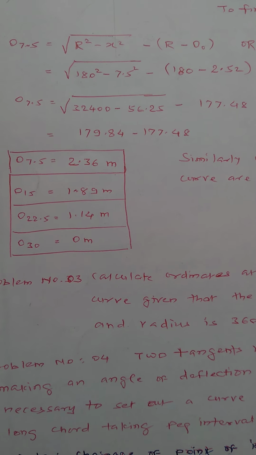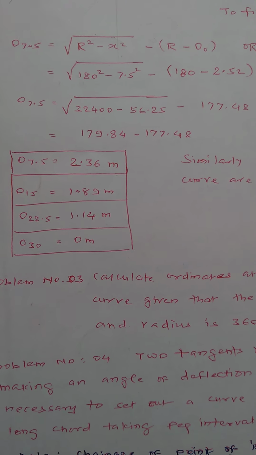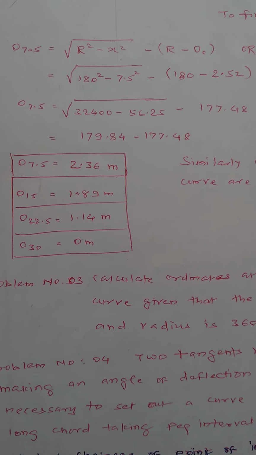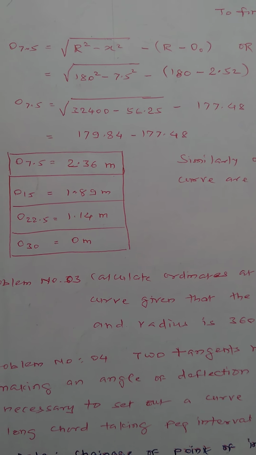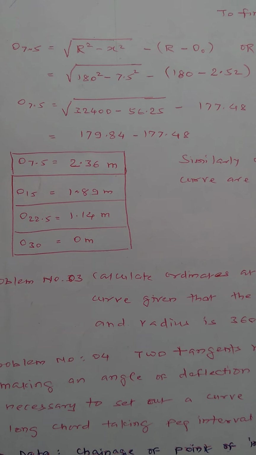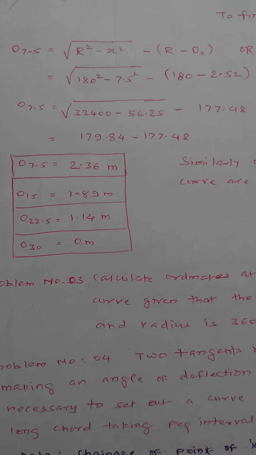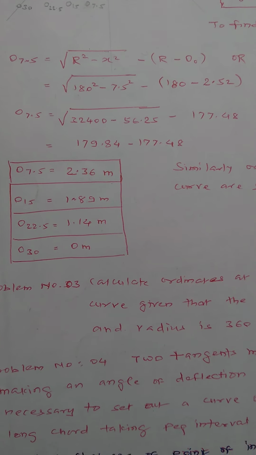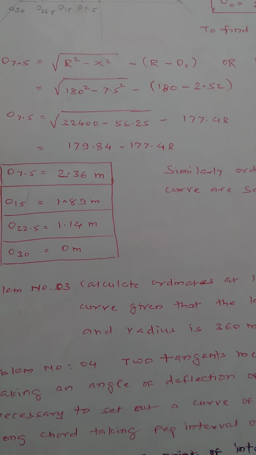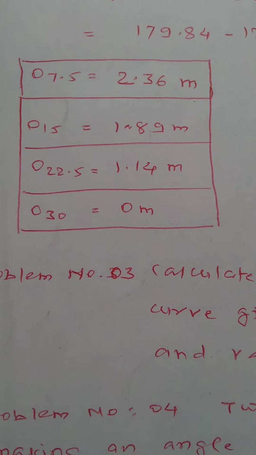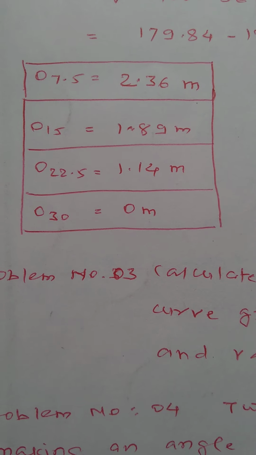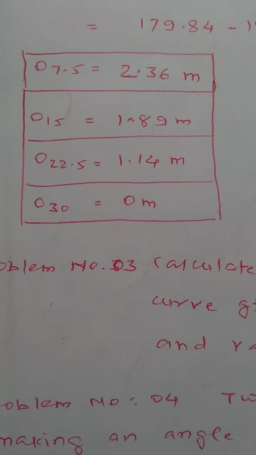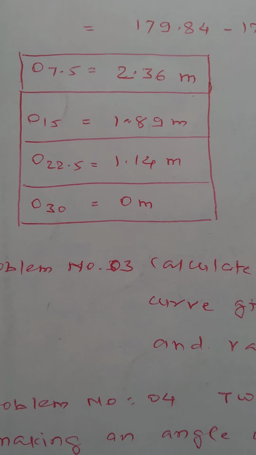In this case x is 7.5 because we are finding the ordinate at 7.5 meter distance, minus in bracket R is 180 minus O0, the mid ordinate we have already calculated. From this you will get O7.5 as 2.36 meter. Similarly, using the same relation, you will find O15, O22.5, O30.